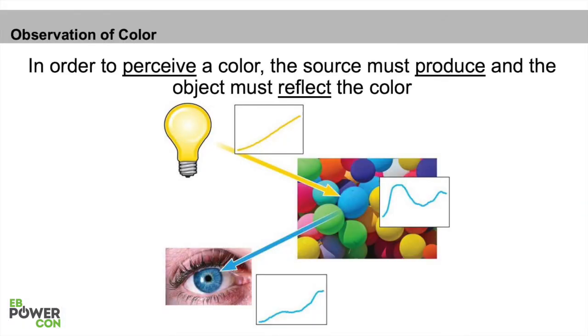In order to see a color in any environment, the source of light must produce that color and the object must reflect it. So with an incandescent bulb, there's not a lot of blue, so the blue may look a little duller than it would with a light source that has more blue in it.